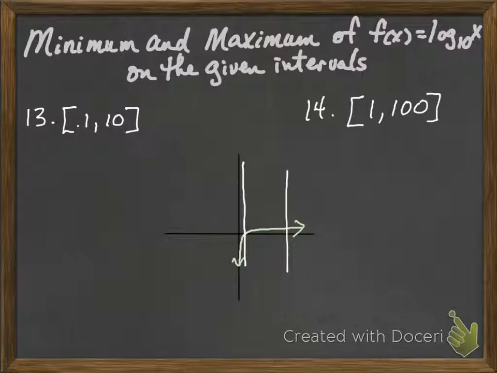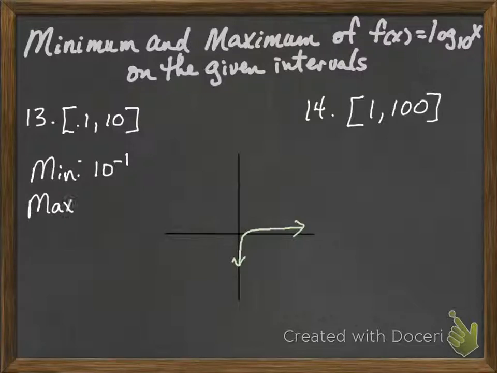So everything's on the ends. So my minimum will be on my left side at 0.1. Okay, 0.1 is 1/10, so that is 10 to the negative first power. My maximum is at 10, and that is 10 to the first power.